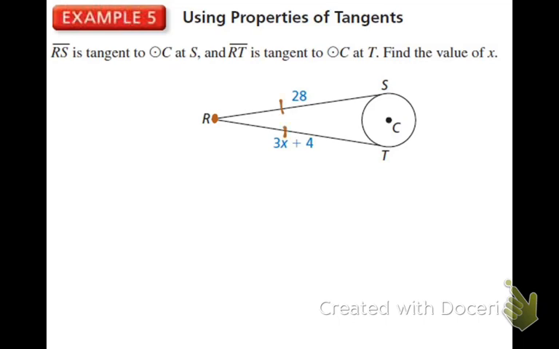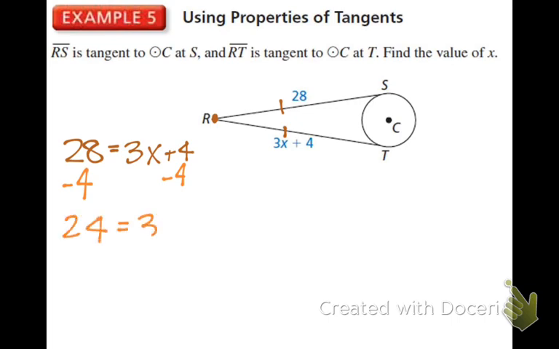So we set these equal. What do we do next to solve? Subtract 4. 24 equals 3x. Divide by 3 and x equals 8. That is it.